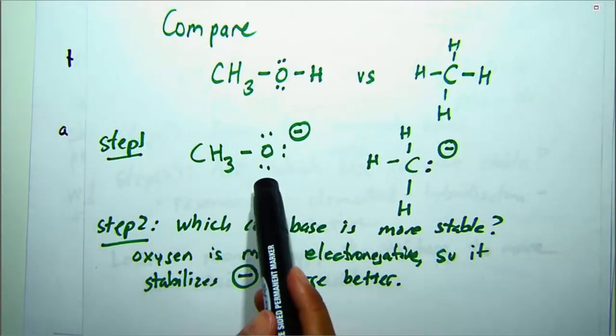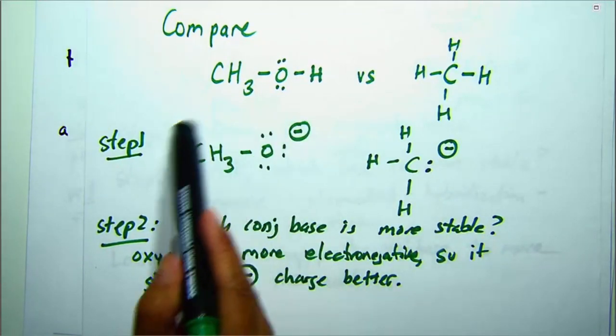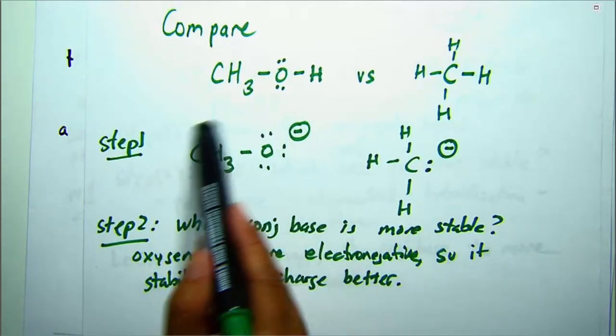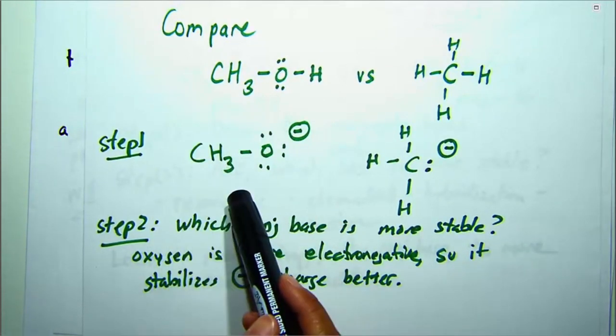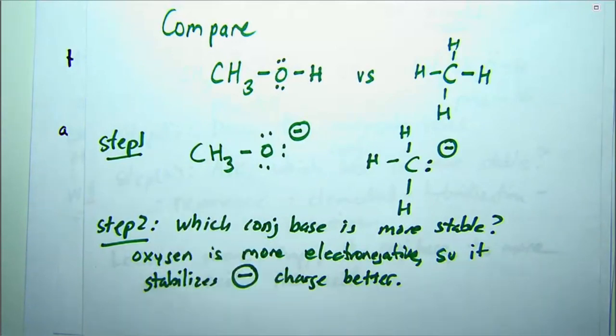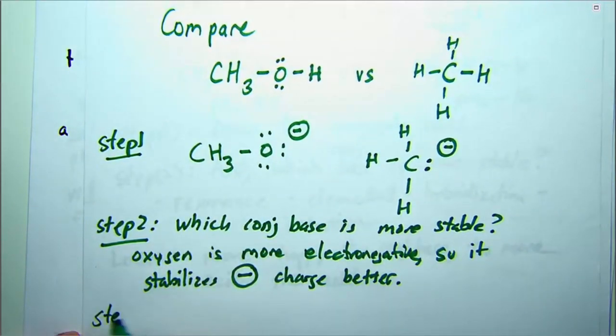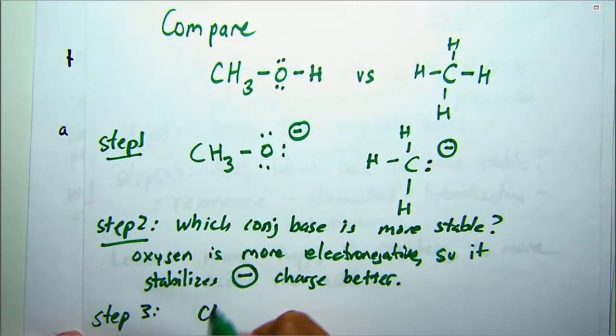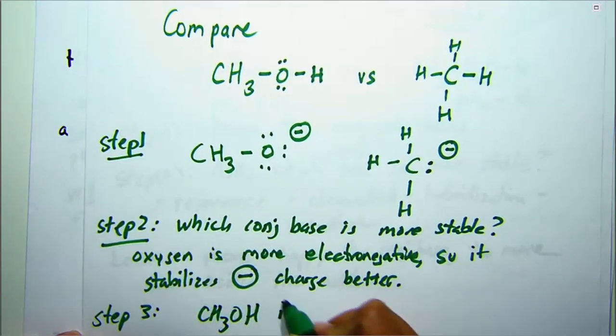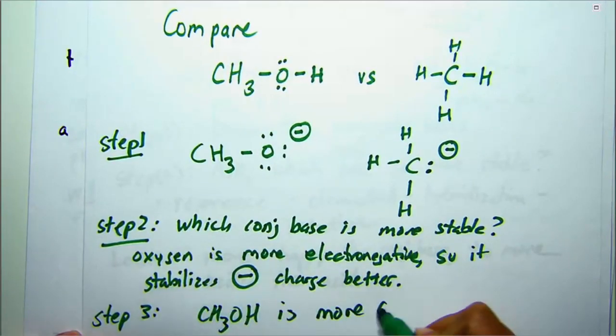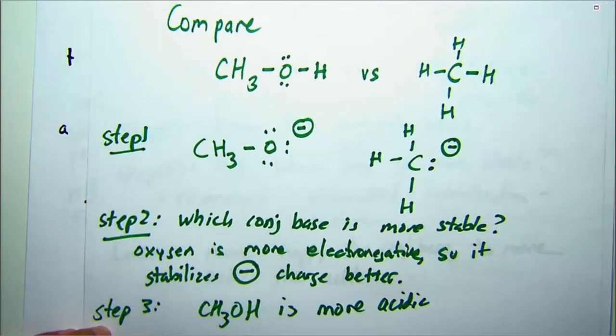And so in comparing these two, this tells me that methoxide is a more stable, it's a happier base. And so the logic here would be to say in step three, methanol is more acidic. Okay, so that's the elemental effect.